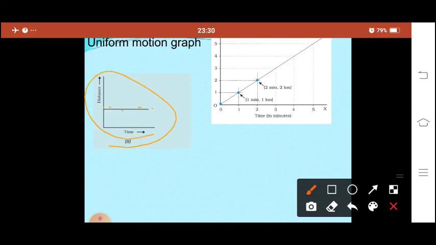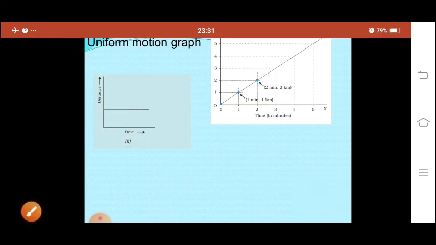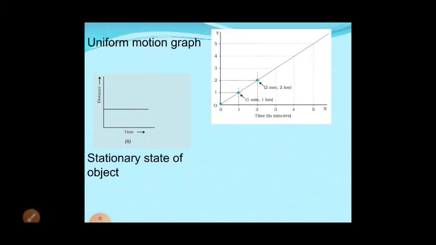It is not moving at all, because in the first 1 minute it is here, second 1 minute it is here, third 1 minute it is here, and at 4 minutes it is here. So always we are getting a single distance. It is not moving from its place at all. This type of graph shows the object is stopped in one place.